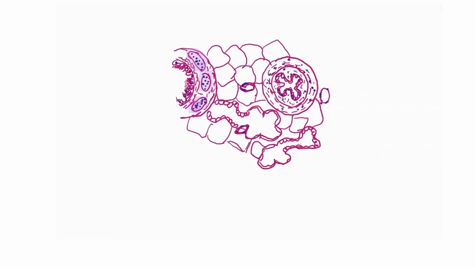So the alveoli are lined by type 1 and type 2 pneumocytes. Type 1 are the flattened squamous cells, type 2 are the cuboidal cells which secrete the surfactant, which maintain these alveoli in the distended position.